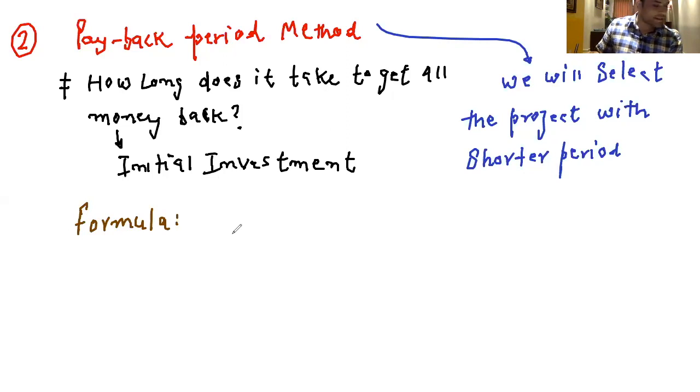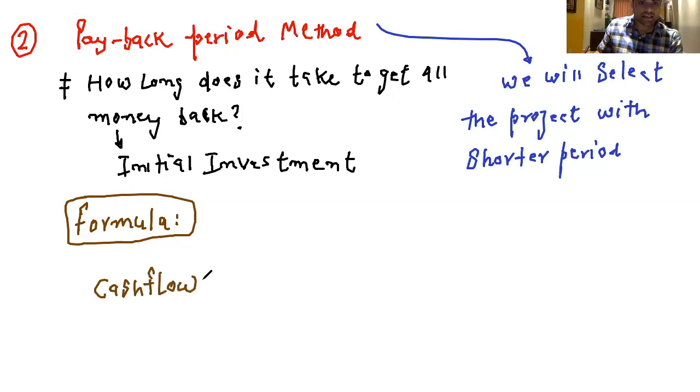Before we discuss the formula, we need to understand the cash flows, cash inflows obviously, because cash inflows are really important to decide the payback period, as I mentioned before.